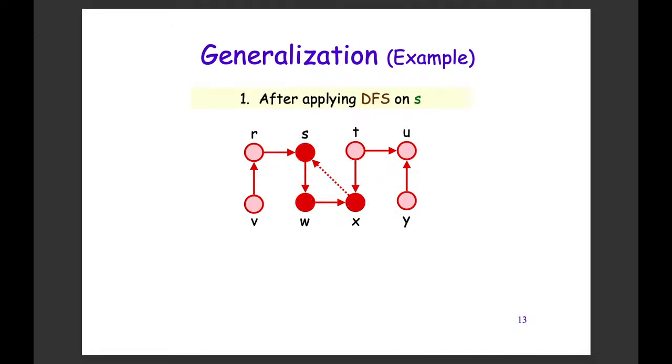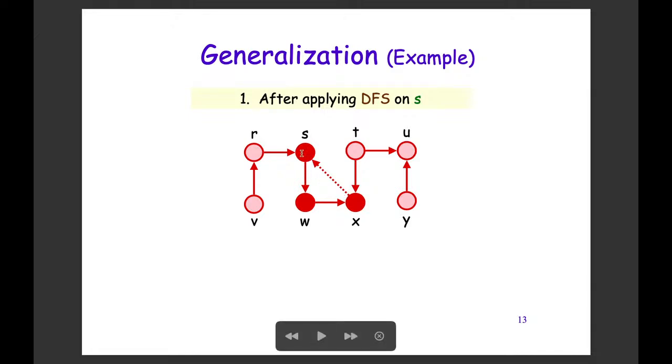And now let me ask you a question. If we now run DFS on T, who will be in the same tree as T at this moment? Then we will see that U will be a node that is connected to T using only white paths, only white nodes, and Y is not reachable. Now X, although it is reachable from T, is already marked as colored.